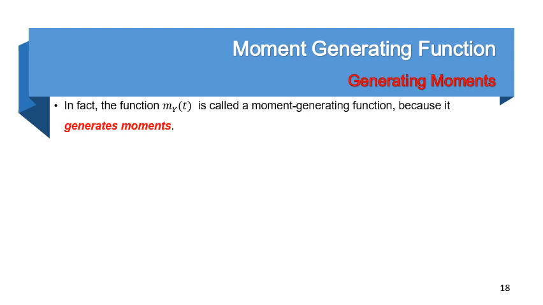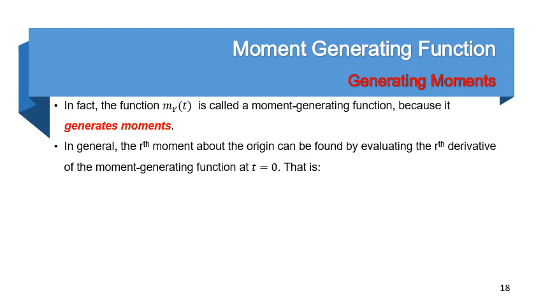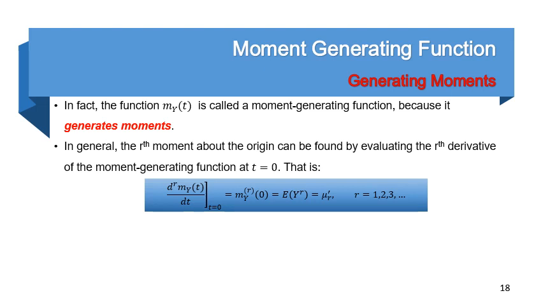You should remember also the usefulness of the moment generating function. We said that if you differentiate the moment generating function r number of times, and you put t equal to 0, you get the expected value of y power r.